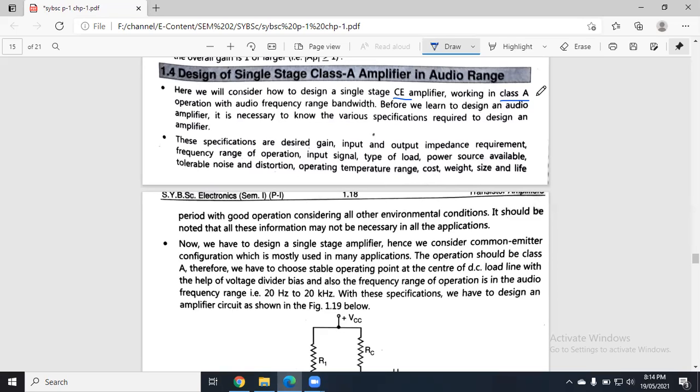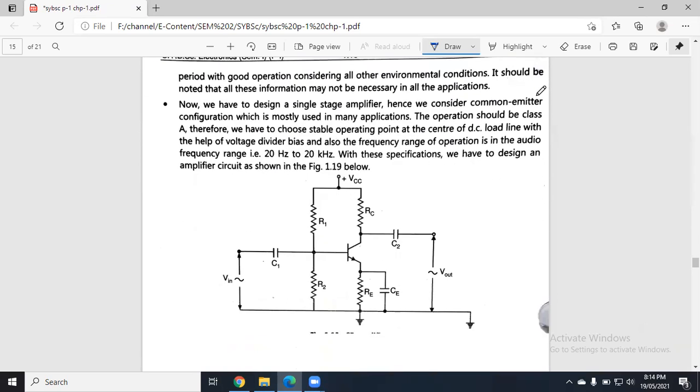For example, in certain applications I don't have to worry about the cost of the circuit, so in that case I will neglect the cost parameter. In a second application, maybe weight is not affecting my system. No matter what the weight is, it is okay for me. In that case I will not consider the weight specification. Correct. So this is how you need to consider the considerations of an amplifier while designing.